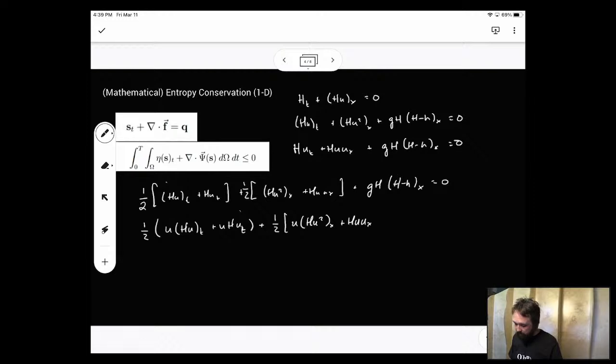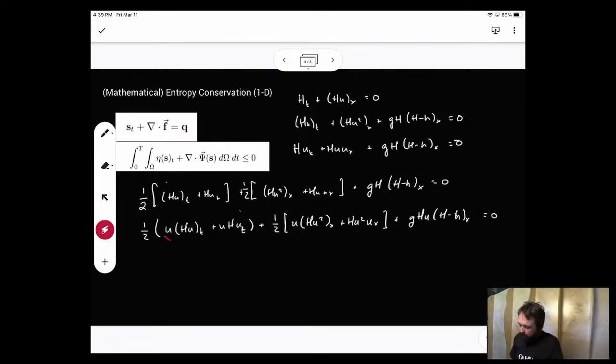Whoops, I'm missing a U there. Let's fix that. I'm actually going to write this as HU squared ux. And then again on this last term here, which is pretty easy to work with, we've got gHU, (H minus H)x derivative. Set that all equal to 0.